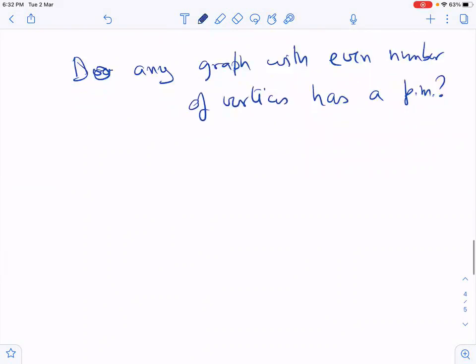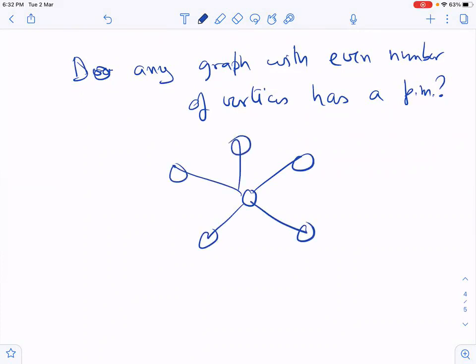In fact, this is also not possible even for connected graphs. For example, let's think of this graph. Note that this graph has 6 vertices, and it doesn't have a perfect matching.